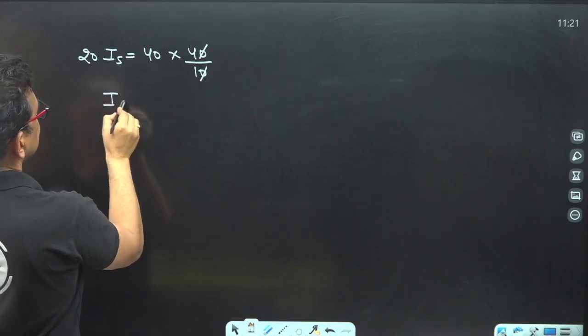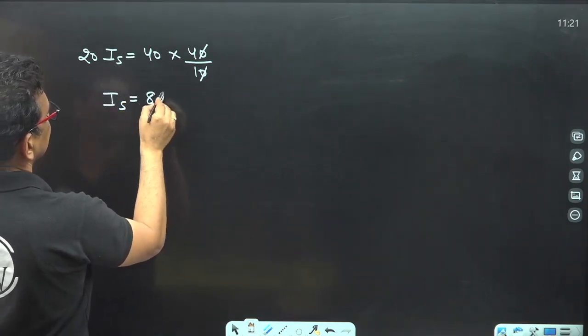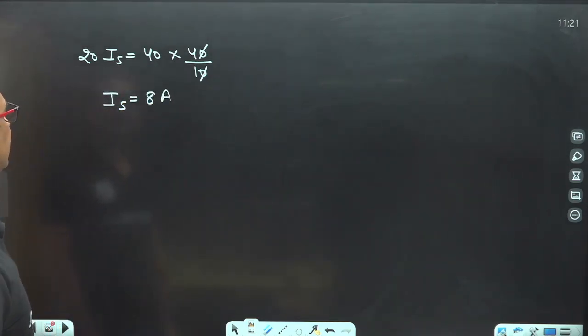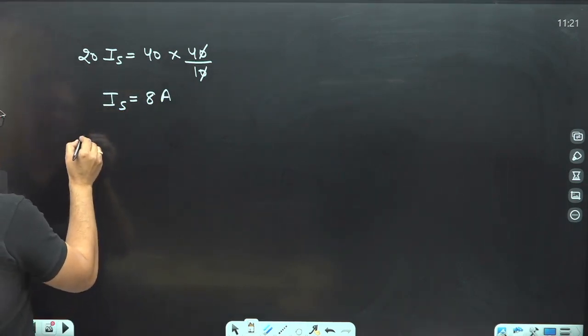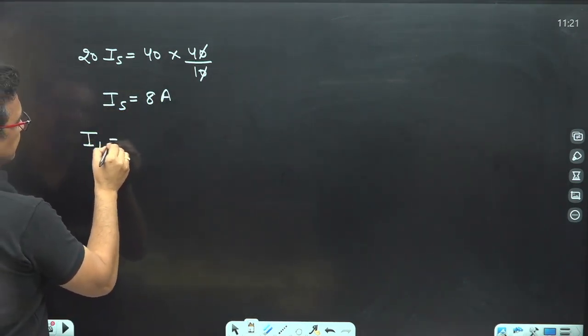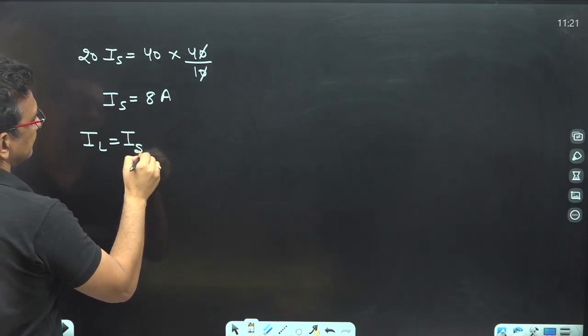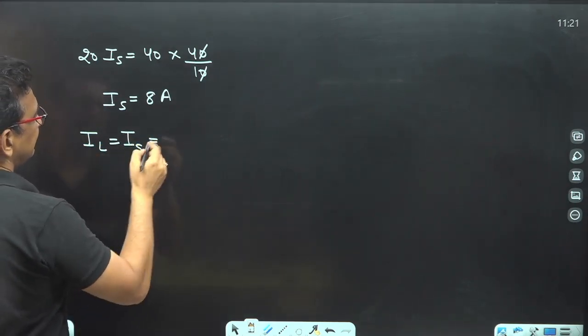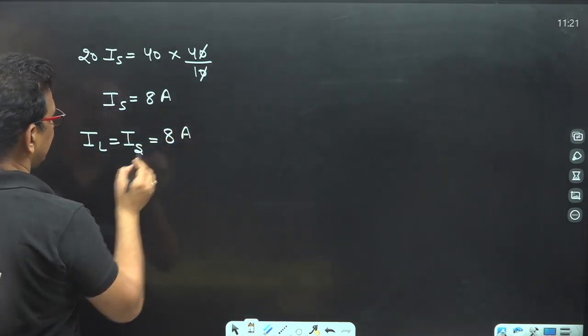So Is is 8 ampere. Now we know the IL and Is are the same because the current through the inductor and the supply current is the same. So average value of inductor current is 8 ampere.